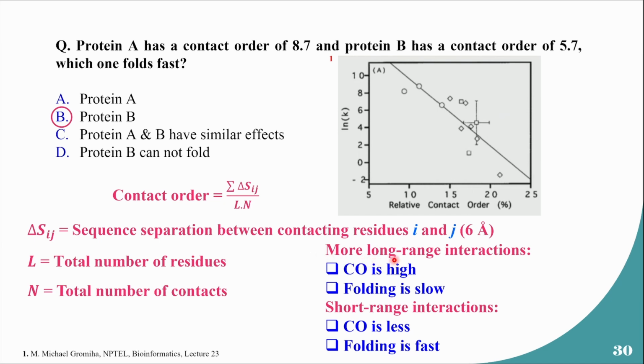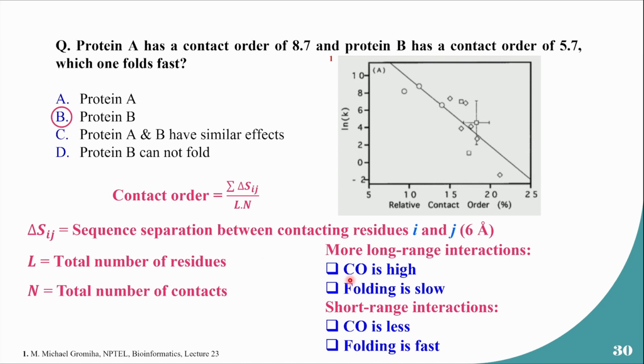whenever we have more long range interactions, because remember that the contact order is kind of indicating this type of interaction, right? If we have more long range interactions, then you will notice that the contact order is high. Now, why would that be? Because of course, in contact order we are calculating the sequence separation between contacting residues.